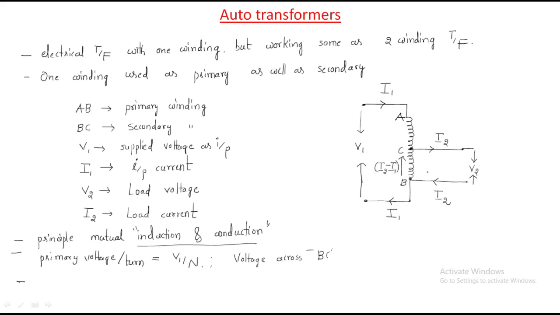BC means this portion, and the voltage of this portion is the secondary voltage, which we can write as V2.